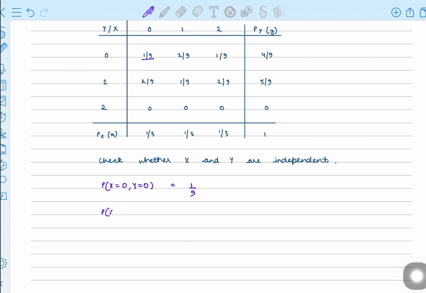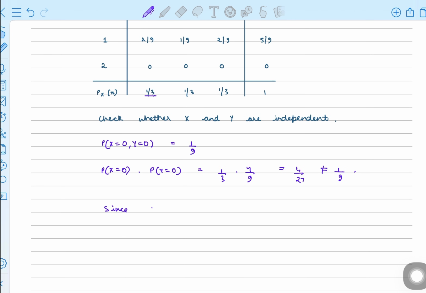The probability of x is equal to 0 times the probability of y is equal to 0 will be, for x is equal to 0, when we add these outcomes we get 1 upon 3. Similarly, for y is equal to 0, we get 4 upon 9. This gives us 4 upon 27, which is not equal to 1 upon 9.